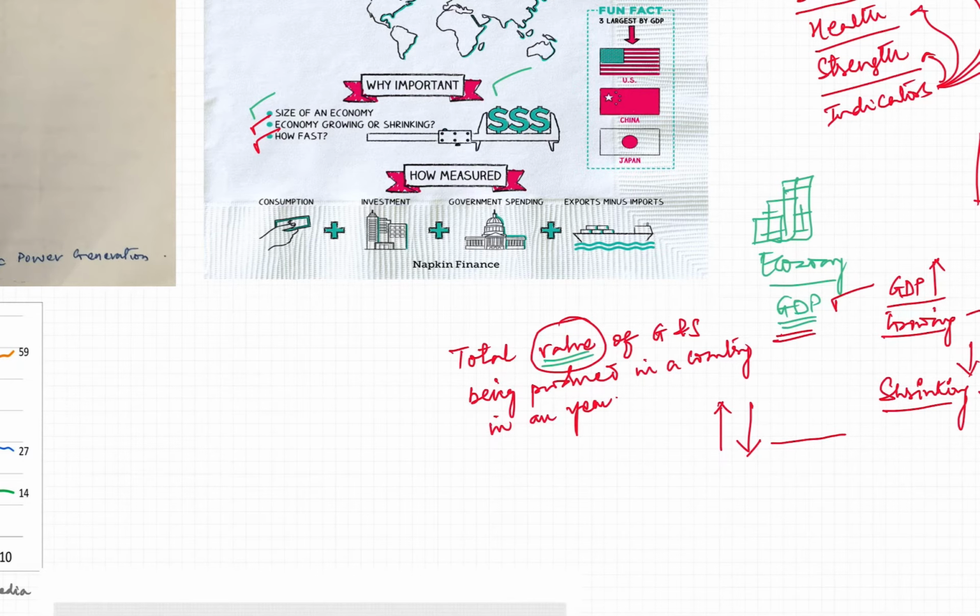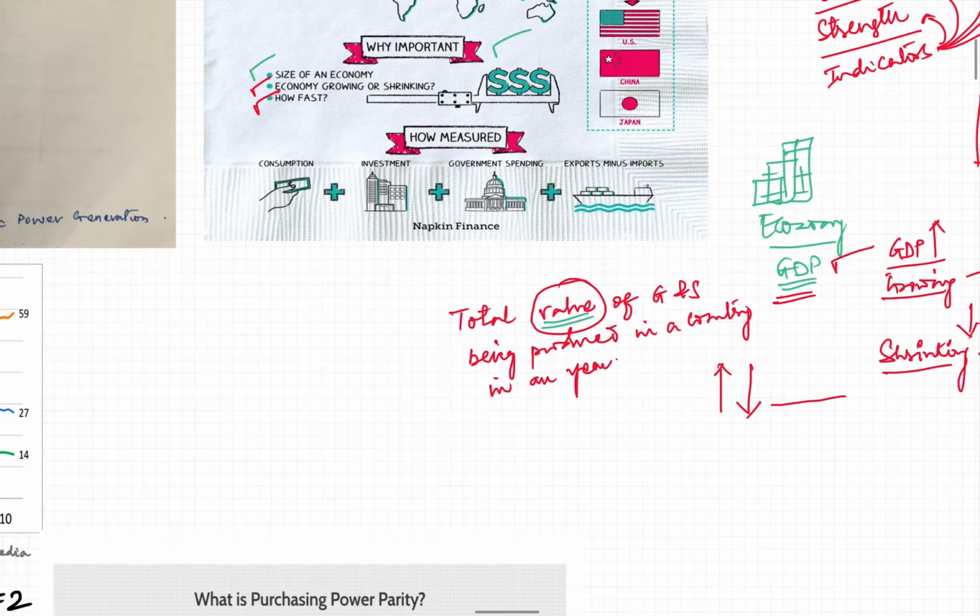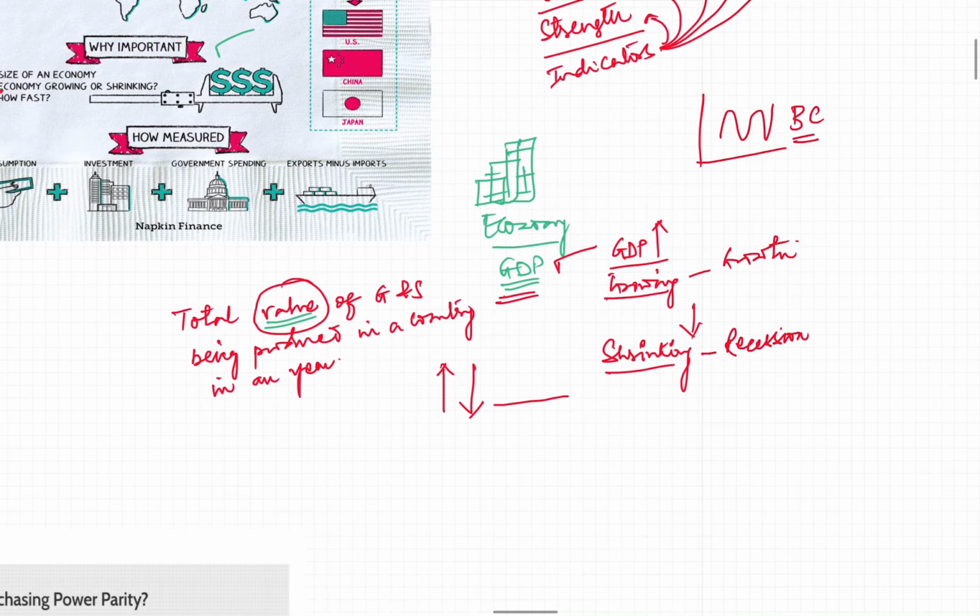Which means, coming back again to the simple definition of GDP, it's the total value of goods and services being produced in a country. To put it simply, production is going to be there when there is consumption.